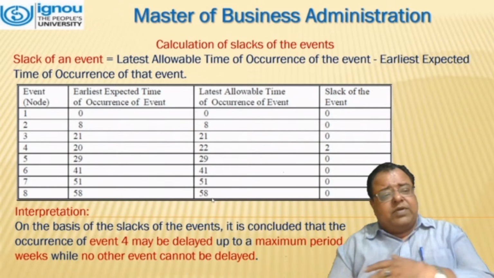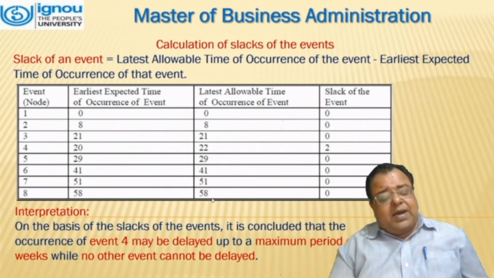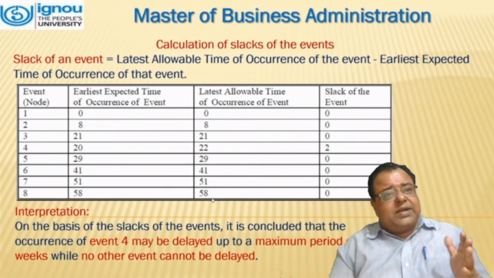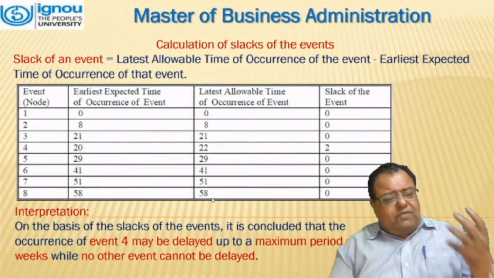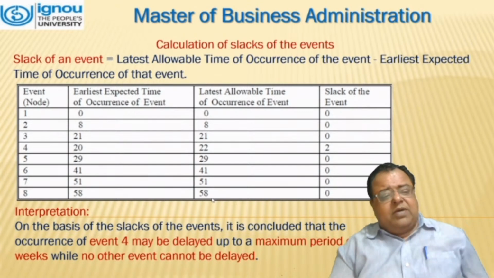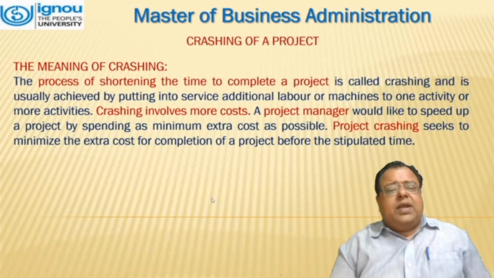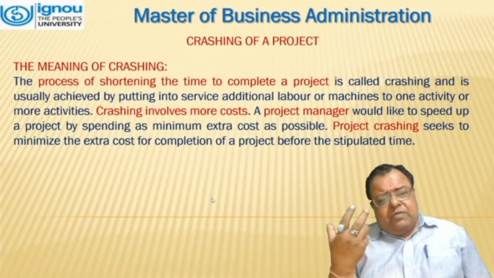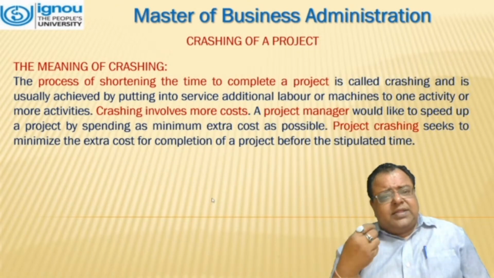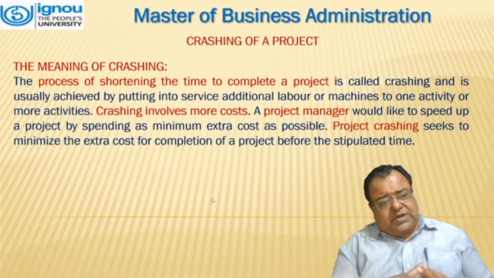We can move to 5. No doubt, in actual circumstances, we move. But for another way, if we want to hold it, we can hold event 4 for a period of 2 weeks.